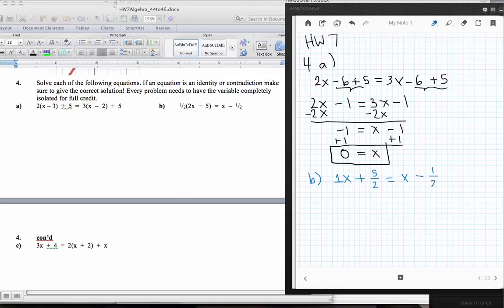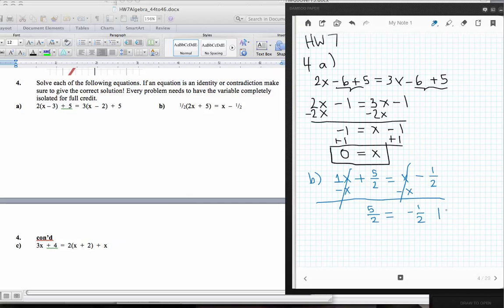Now this is an equation, and so I might want to go ahead and clear the equation of fractions, but you don't have to. So if we don't, we can simply start by subtracting the x from this side so that I can get it to move over here with the other x. And as soon as I do that, these both disappear on both sides, which leaves just a constant here, equals, and then a constant over here.